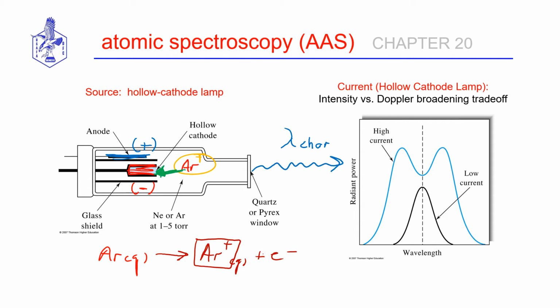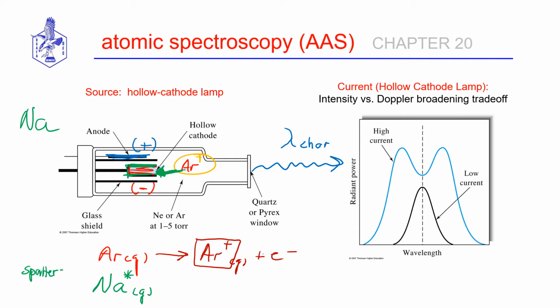If I'm wanting to analyze, for instance, for sodium, my sodium hollow cathode lamp would be comprised of sodium as my cathode material. When the argon ions slam into the cathode, those sodium atoms sputter off the surface in an excited state.